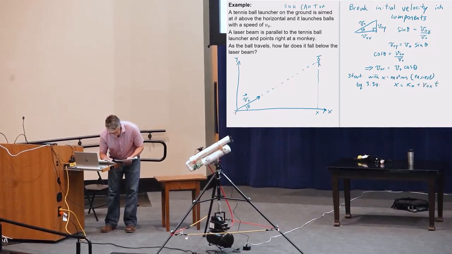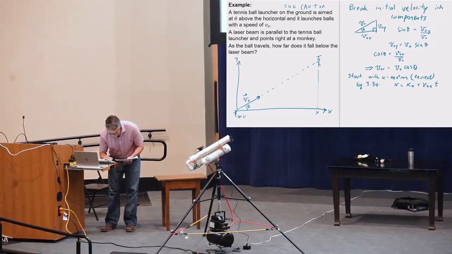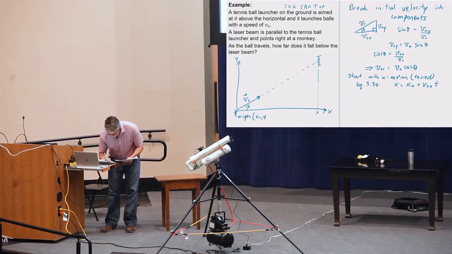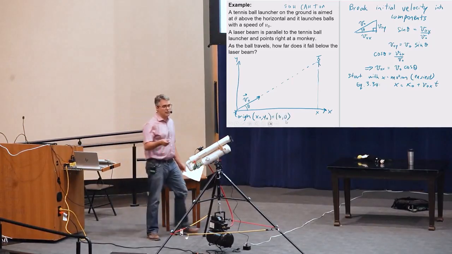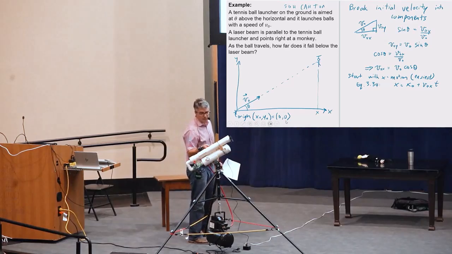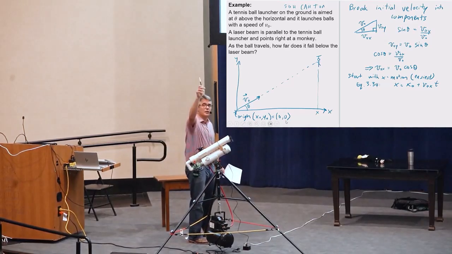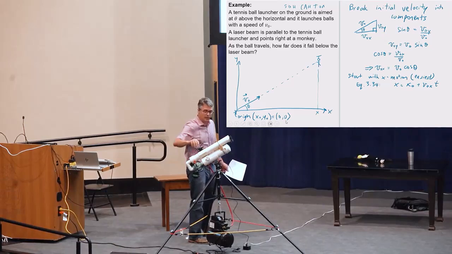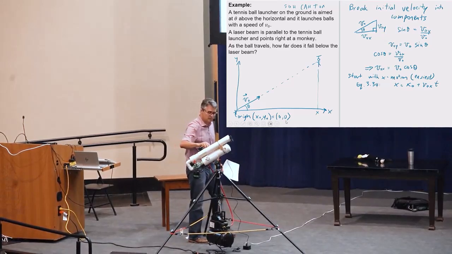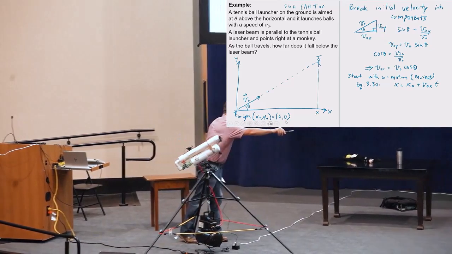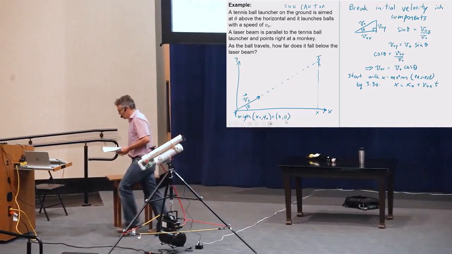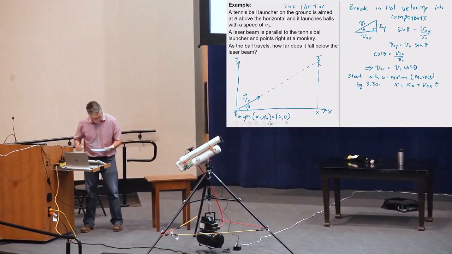And I'll just say that this is the origin right here. So x0, y0 is equal to 0, 0. I'm just defining the initial position of the tennis ball to be the origin. So it goes up some distance y, the height of the monkey, I guess, and then it goes horizontally a distance, or displacement, I guess, x.